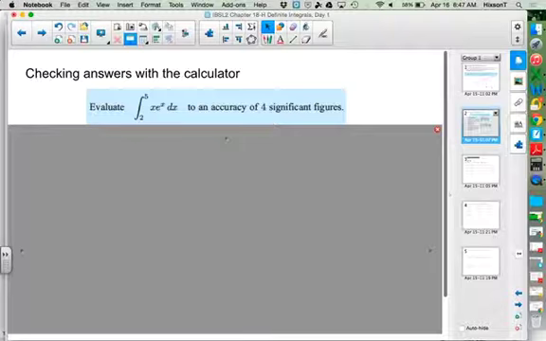So let's start with the integral from 2 to 5 of x times e to the x dx. Now notice here, guys, this one we can't do even by substitution.